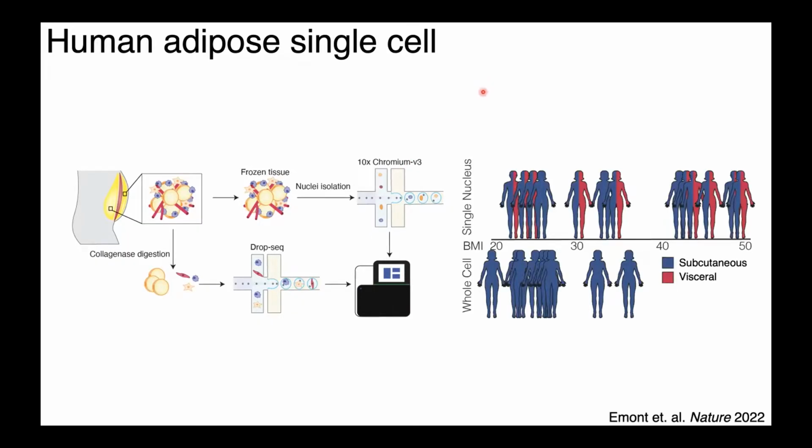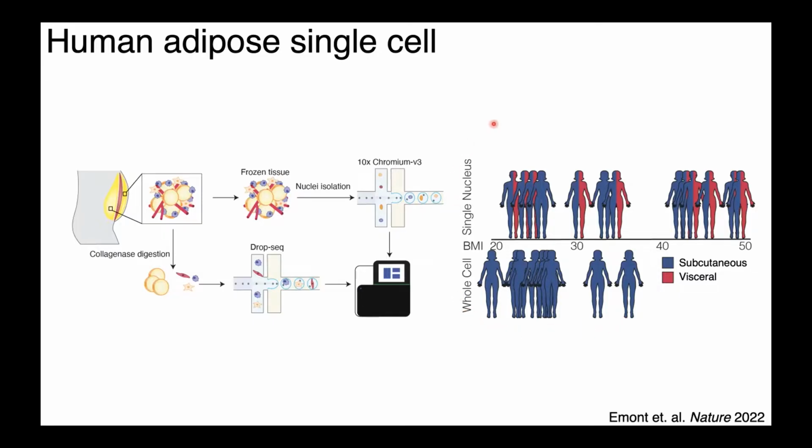So we have two different cohorts that we ended up looking at. Our first whole cell cohort, we only collected subcutaneous fat, which is, again, the fat that's directly under the skin. We also only collected samples from female patients.